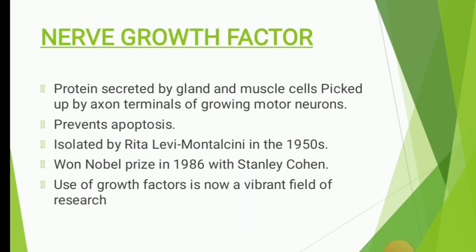Our final topic for today is the nerve growth factor or NGF. What are nerve growth factors? These are basically a neurotropic factor that are involved in the regulation of growth, maintenance, proliferation and survival of certain target neurons.